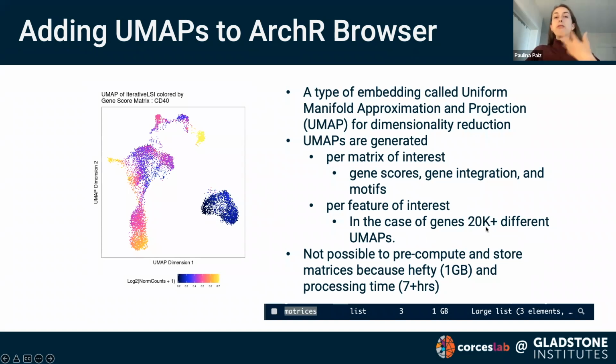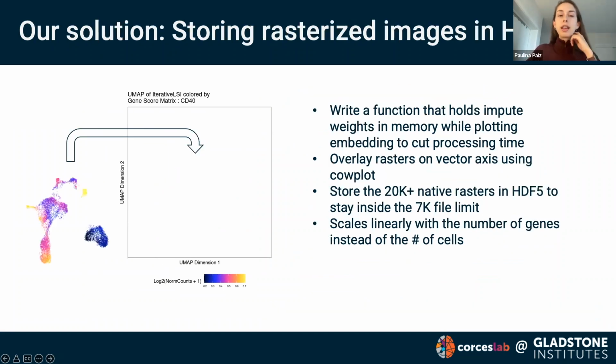So it would be 40,000 for two, and if we add motifs, it would be like 41,000 files just for this. With this approach, we were happy because it scales linearly with the number of genes instead of the number of cells.